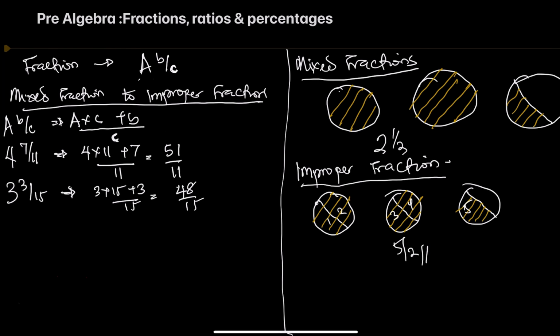Now we could look at the reversal, which is how to convert an improper fraction to a mixed fraction. Here, we will use the examples we already have. We take 51 all over 11. What we're doing is trying to divide and find the remainder.